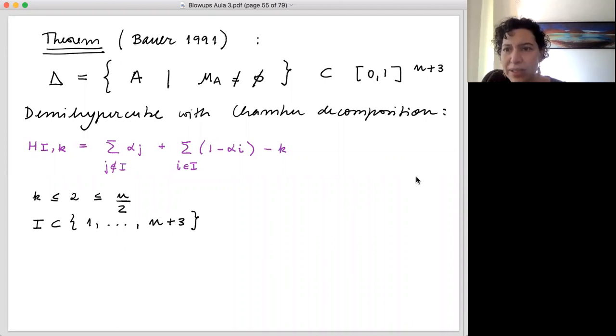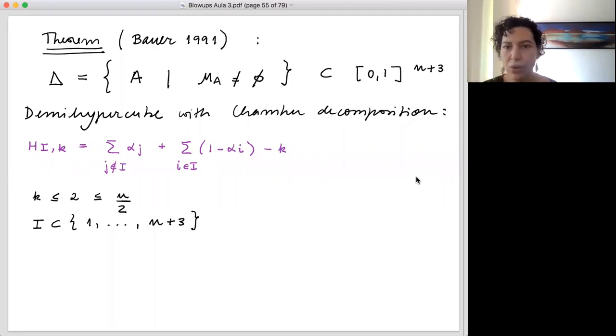So what this is saying is the following. You have your demi-hypercube with half of the vertices of the hypercube. And what you do is you take any n plus 3 of these vertices, they will span a hyperplane, and it will be a hyperplane precisely of this form.